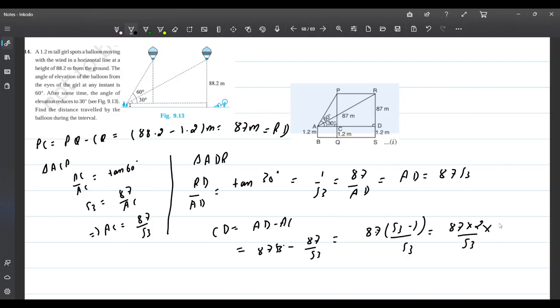And if we multiply this by under root 3, we get 29 into 2 into root 3. This is equal to 58 root 3. So the distance traveled by the balloon during the interval is 58 root 3.